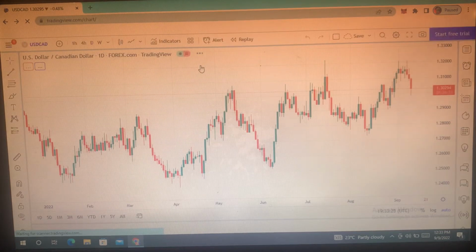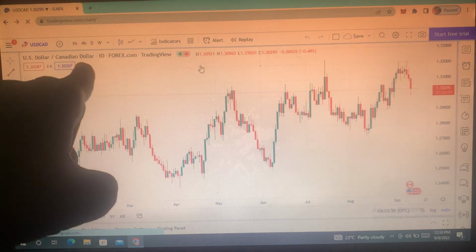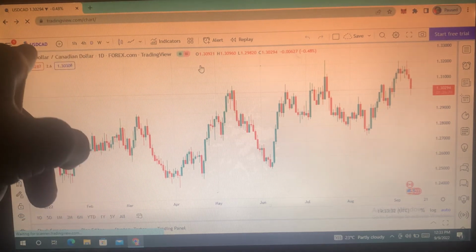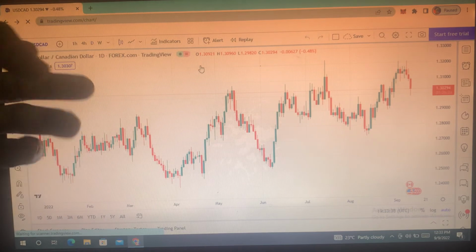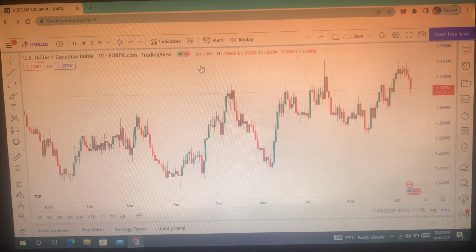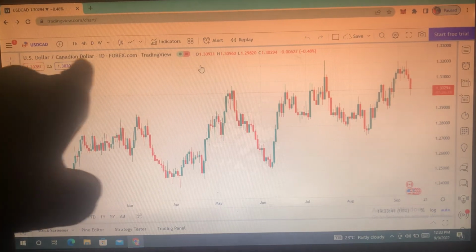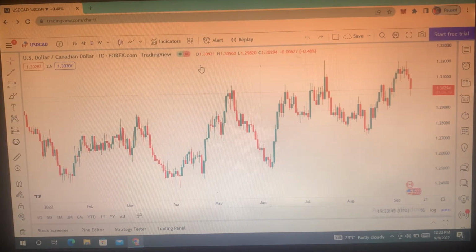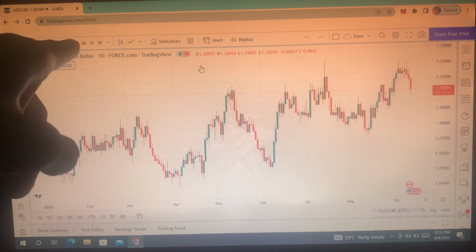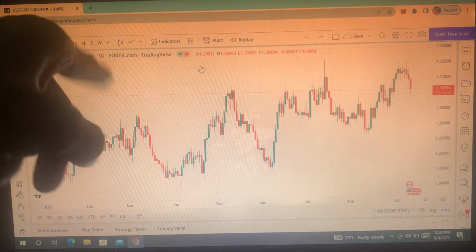Okay, so as you can see here, US dollar and Canadian dollar. You can see USD CAD. These are the abbreviations for currencies. When you look below, you see which currency is against which currencies. Here you can see 1H, 4H, day, and weekly.